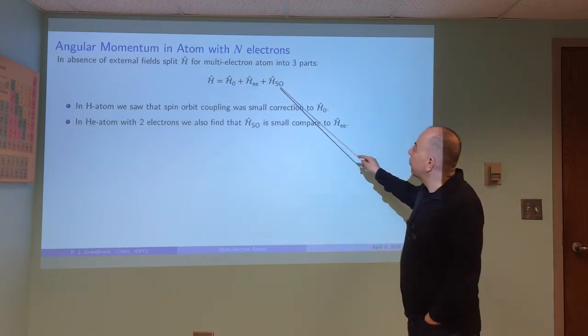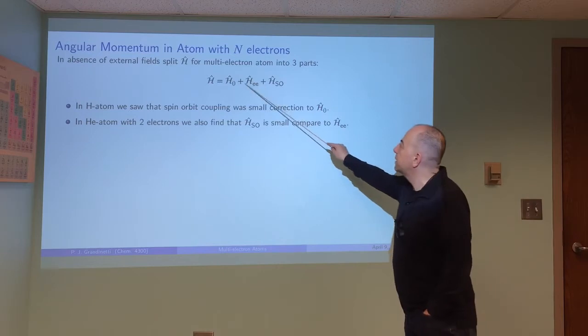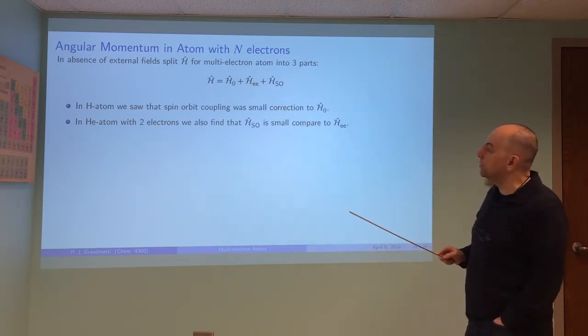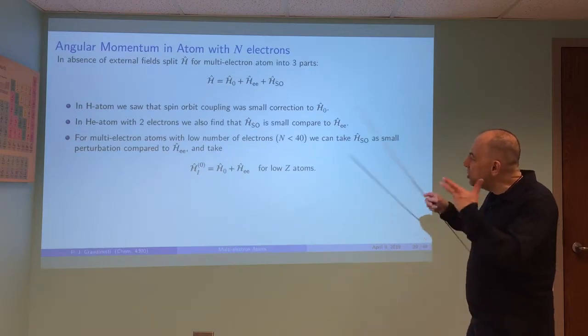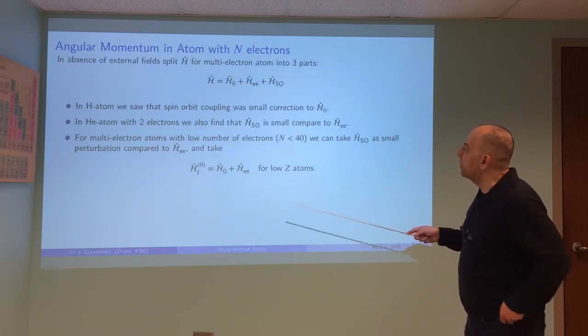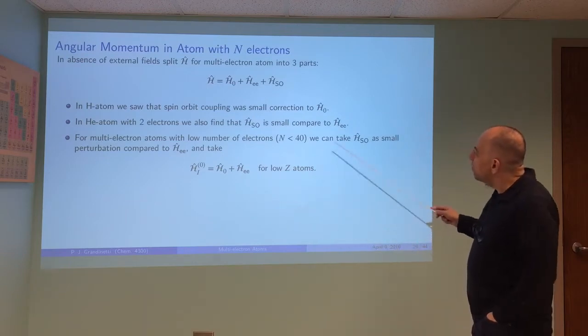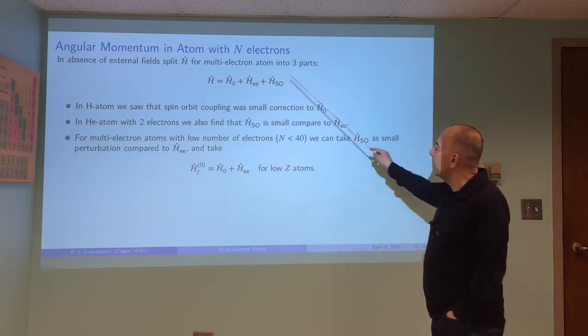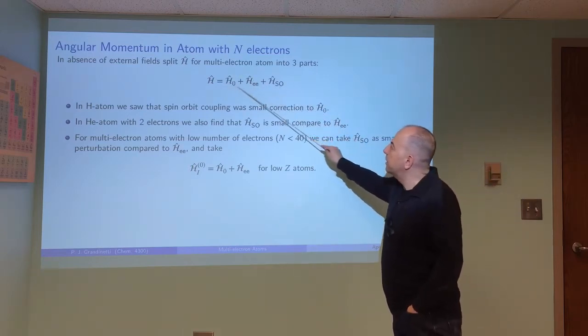And if we look at helium, we find that the spin-orbit term is also pretty small compared to the electron-electron repulsive term. So in general, for atoms with a low number of electrons, the spin-orbit term can usually be treated as a small perturbation on these two terms.